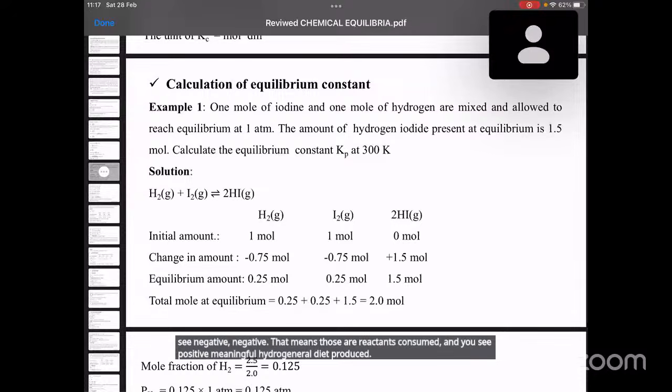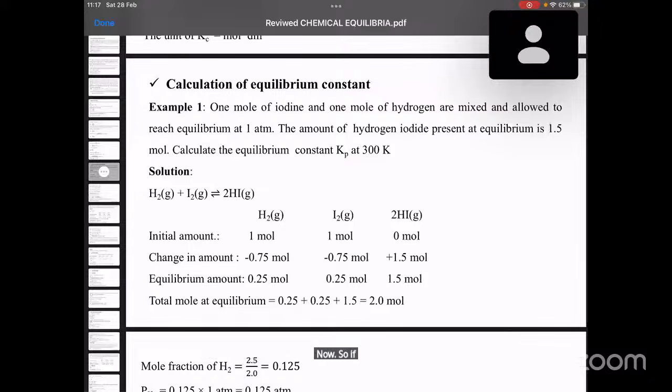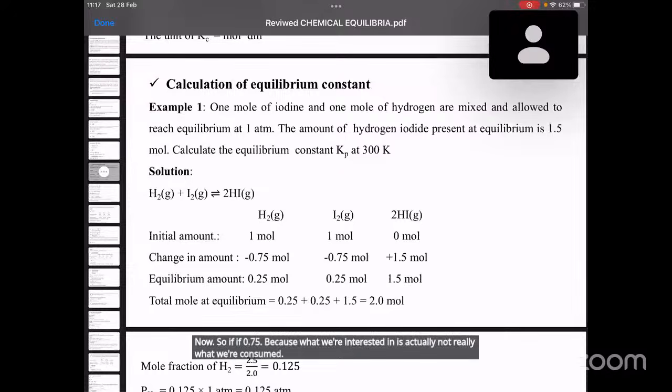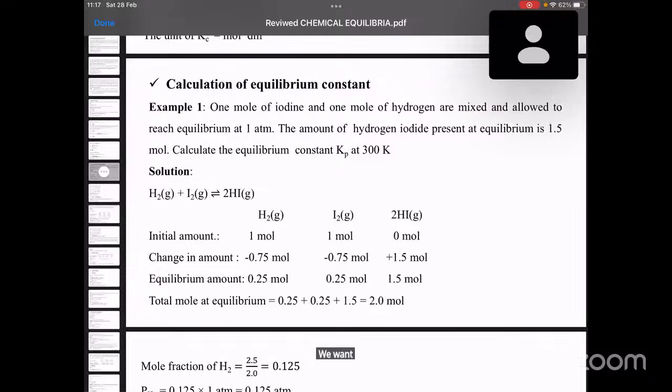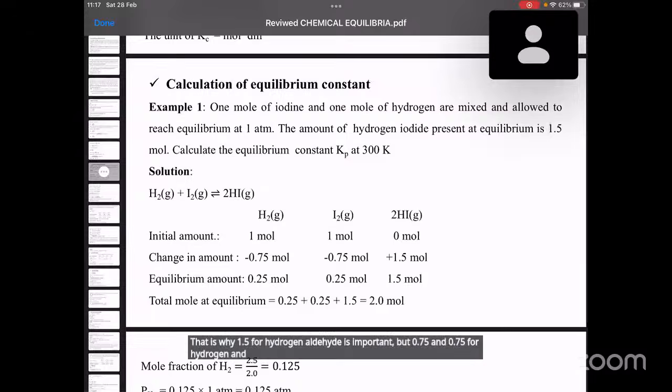Now, what we're interested in is actually not really what was consumed. We want to know what is present at equilibrium. That is why 1.5 for hydrogen iodide is important, but 0.75 and 0.75 for hydrogen and iodine are just a means to an end for us.